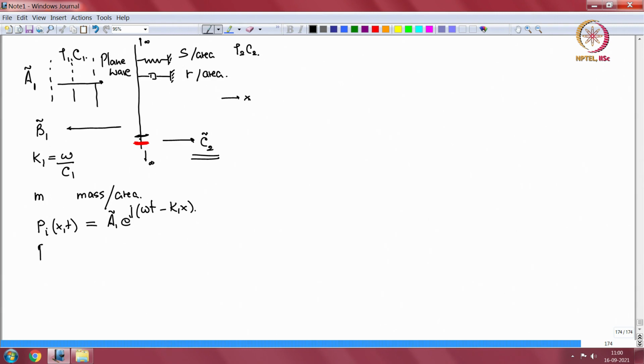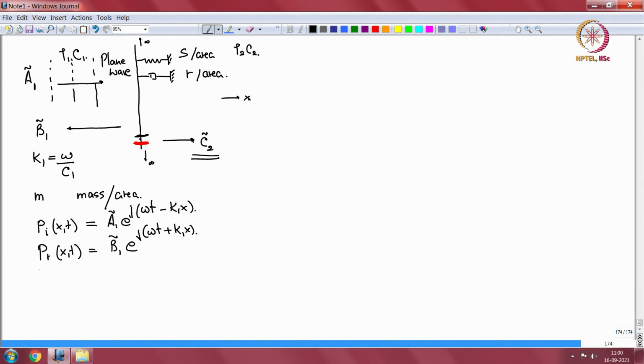There is a reflected wave given by B1 tilde e to the power of j(omega t plus k1 x).